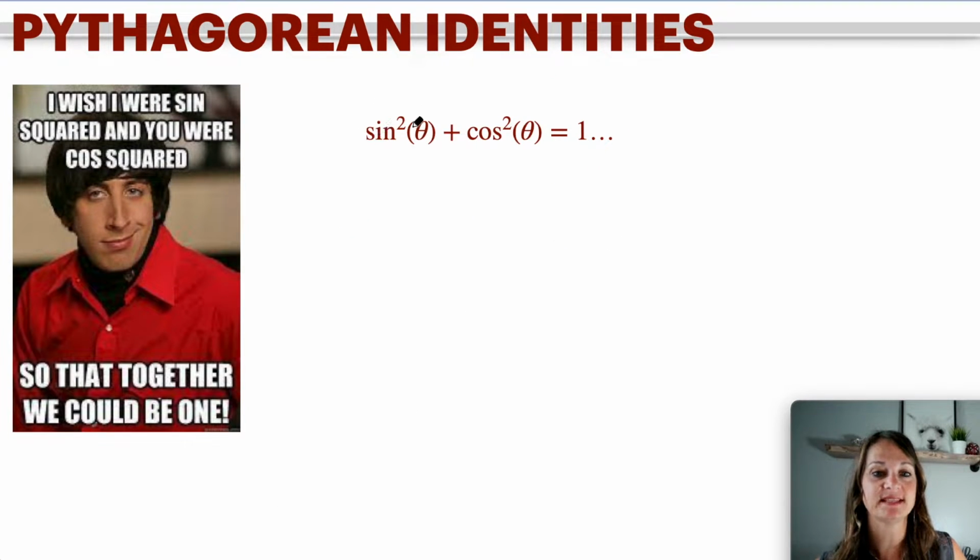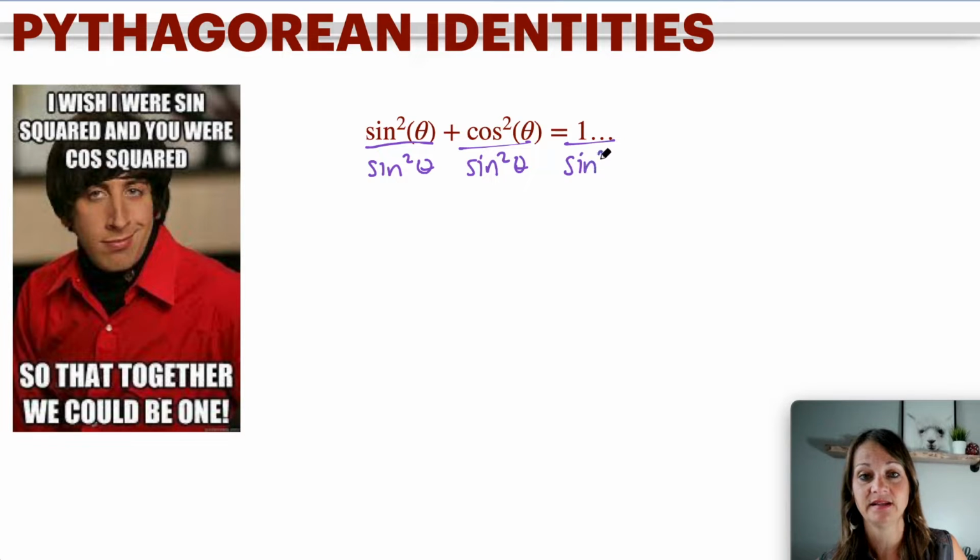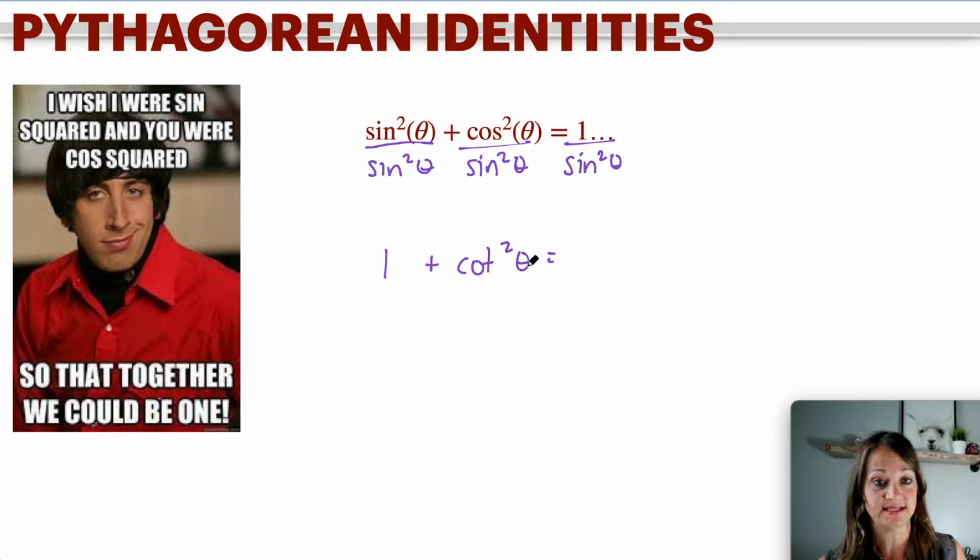Now that we have learned that sine squared plus cosine squared equals 1, we now can actually create other Pythagorean identities from this one. So for example, if I was to divide everything by sine squared, which I can do as long as I do it to each expression. Sine squared divided by sine squared is the number 1 because it cancels itself out. Cosine squared over sine squared is cotangent squared from our quotient identity.